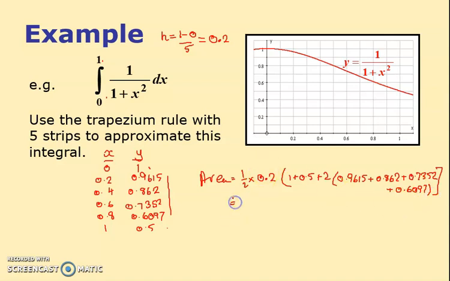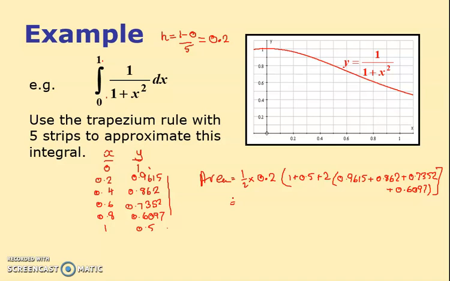Okay, so if I just type that into my calculator, menu now, 1.5 times 0.2 times open bracket, 1 plus 0.5 plus 2 times by open another bracket, 0.9615 plus 0.862 plus 0.7352 plus 0.6097.